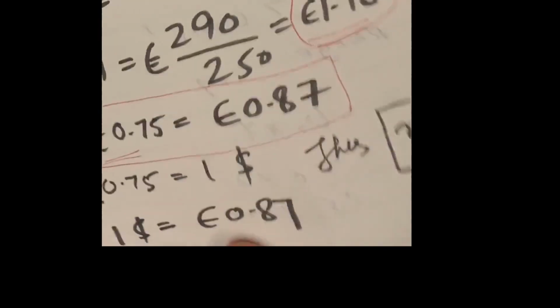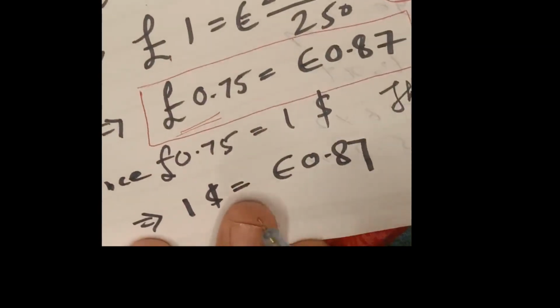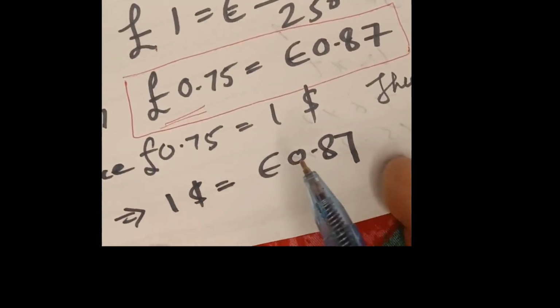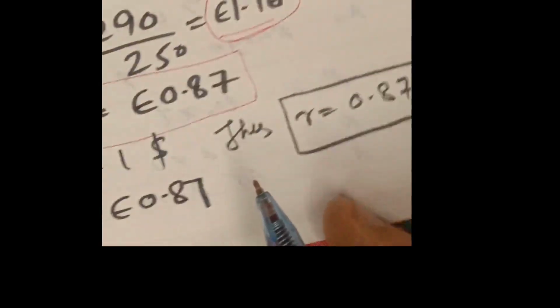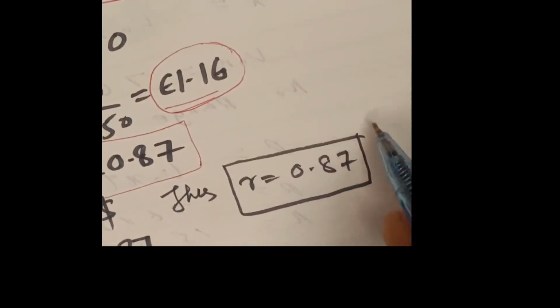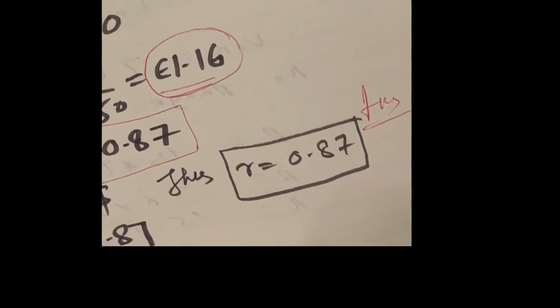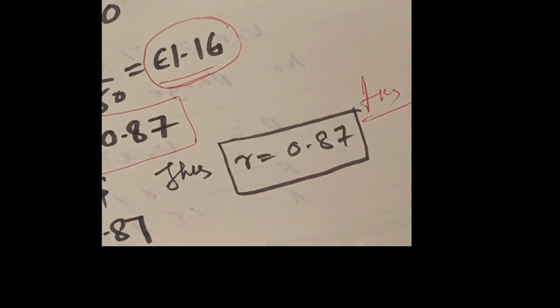Now, given that 0.75 pound is equal to $1, so it means $1 is equal to 0.87 euros. And in the question, $1 is equal to R euros, so it means R is equal to 0.87, and that's your answer. That's it. So R comes out to be 0.87.